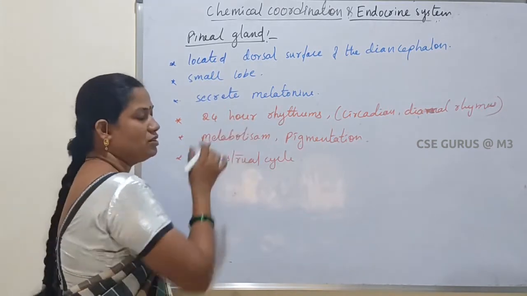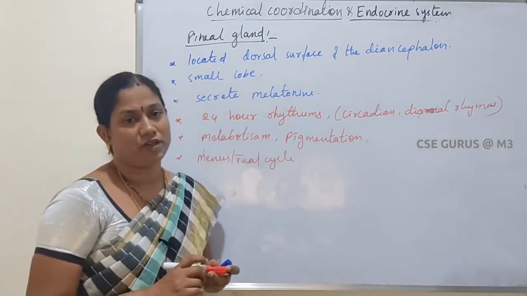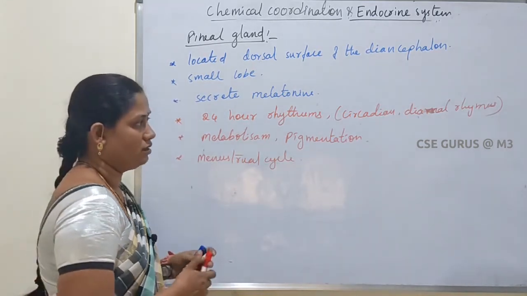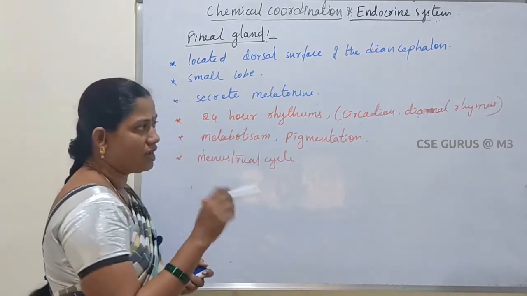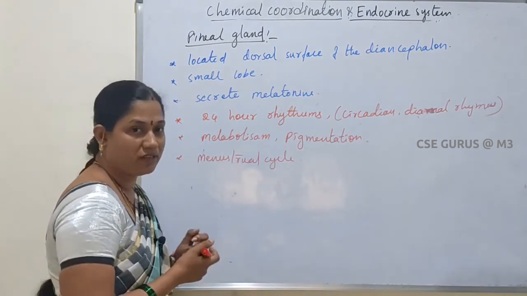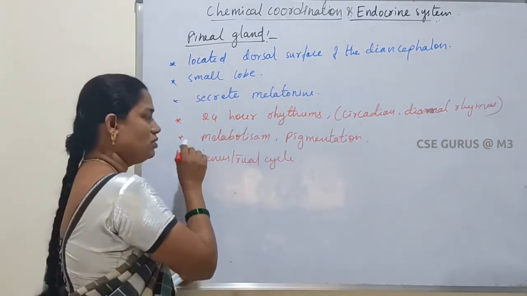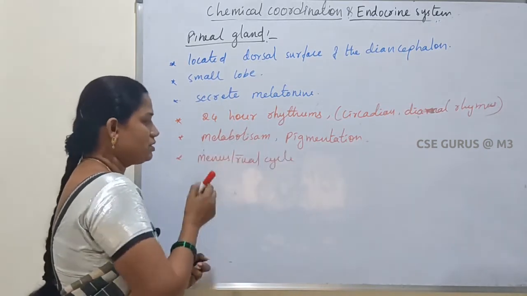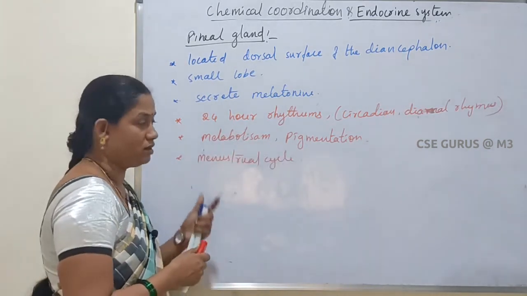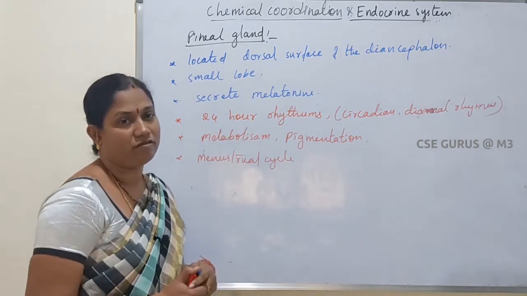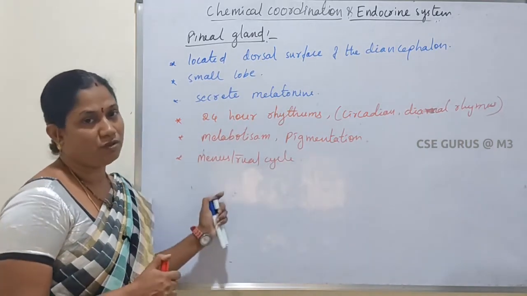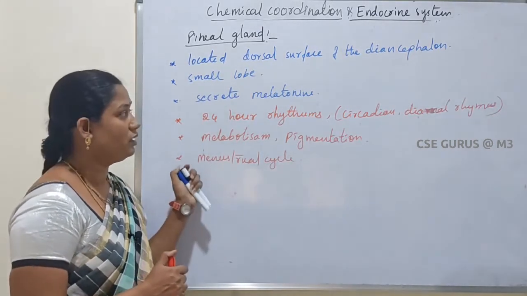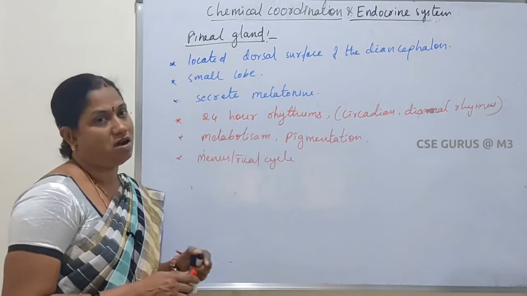Mainly it regulates the 24-hour rhythmic processes, like circadian or diurnal rhythms, like sleep-wake cycles. It also regulates the metabolism, pigmentation, and the menstrual cycle in females. So this is about melatonin. Pineal gland secretes the melatonin hormone.